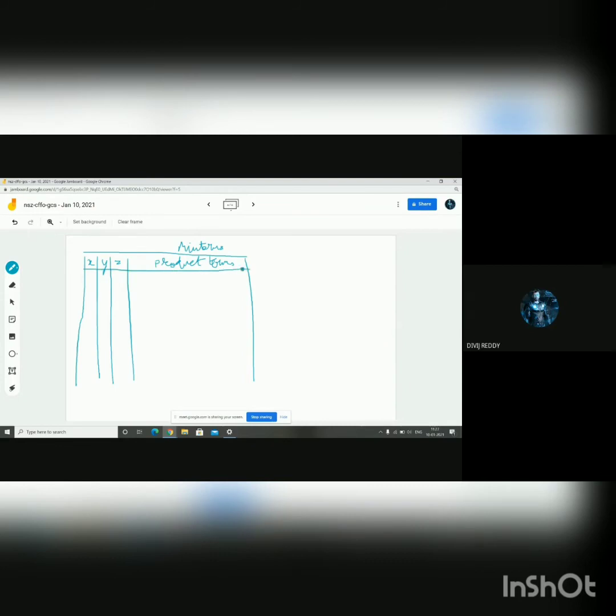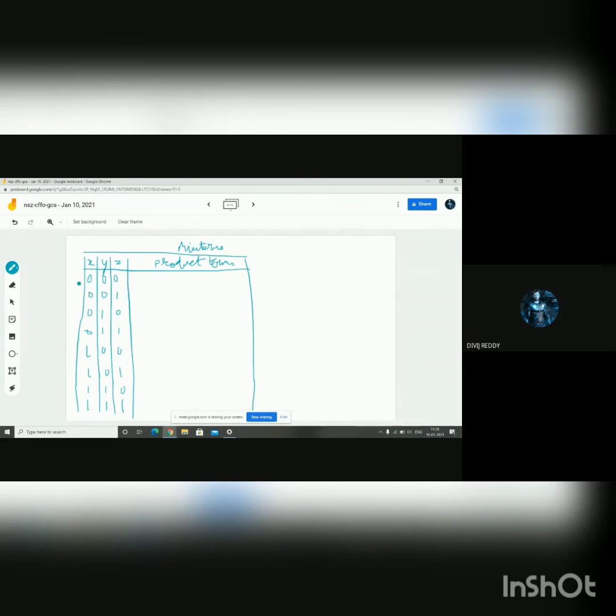Now let us take the different inputs we can give to x, y and z: 0, 0, 0; 0, 0, 1; 0, 1, 0; 0, 1, 1; 1, 0, 0; 1, 0, 1; 1, 1, 0; and we can also have 1, 1, 1.